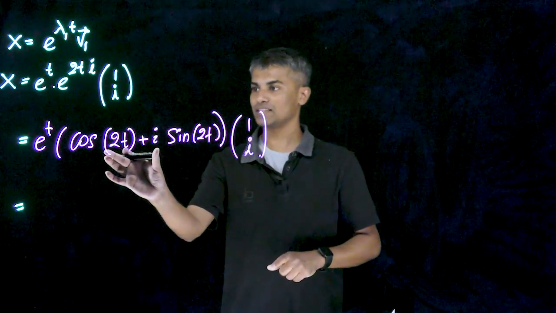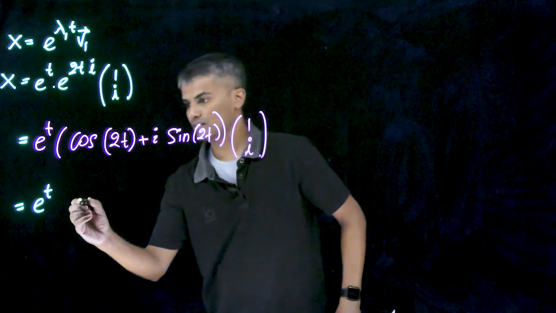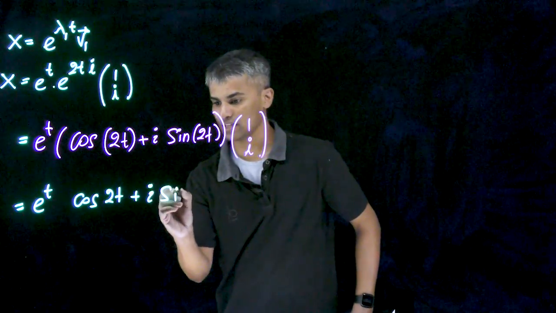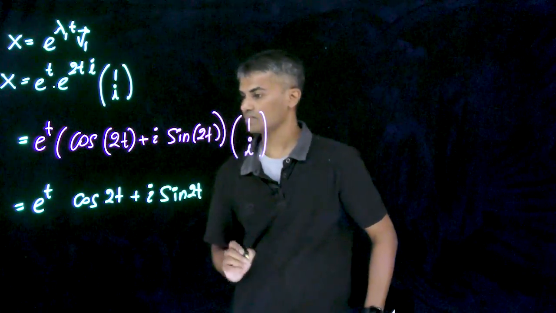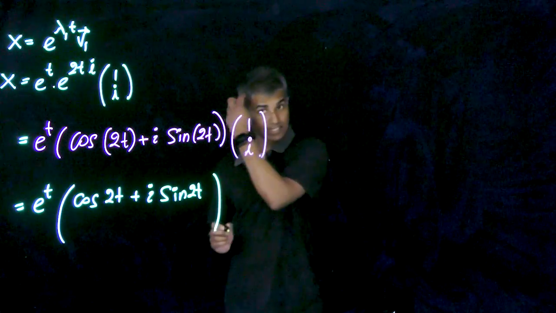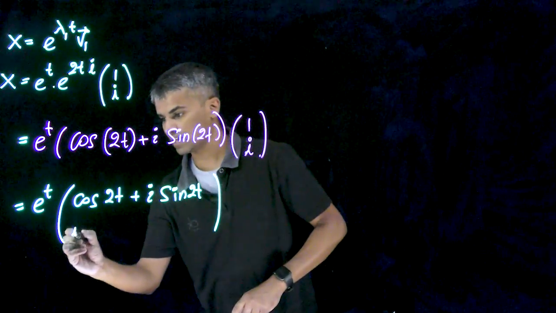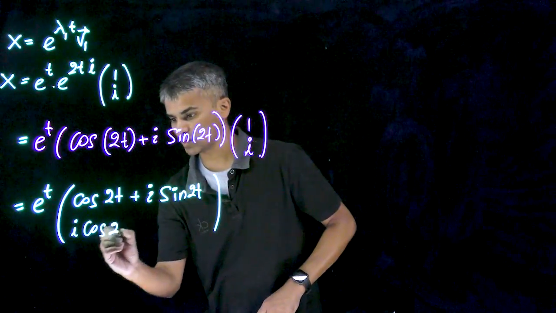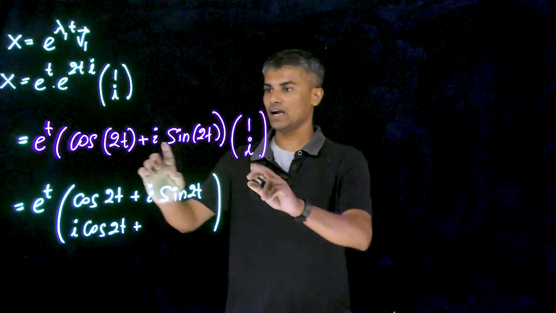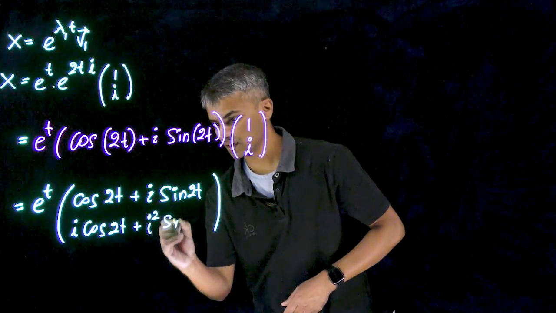So if you multiply this scalar function and this vector, you will get cosine 2t plus i sine 2t, that is the first component, and the second component equals i times cosine 2t plus, okay, i times i becomes i squared times sine 2t.